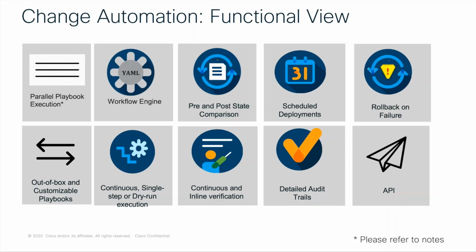So it gives you an opportunity to check if everything is going as per plan or not. We have continuous and inline verification, which is running behind the scenes when you execute the playbook. We have detailed audit trails of every event that occurred during the execution of the playbook, and these can be forwarded to a syslog server, or they're always available on the change automation side of things.